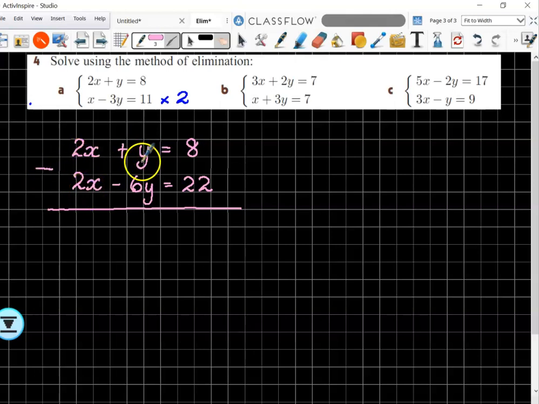We've got 1y take -6, 7y. What's 8 take 22? Oh my goodness. Minus 14. Isn't that nice? Therefore, what must y be? It is not -7, -2.